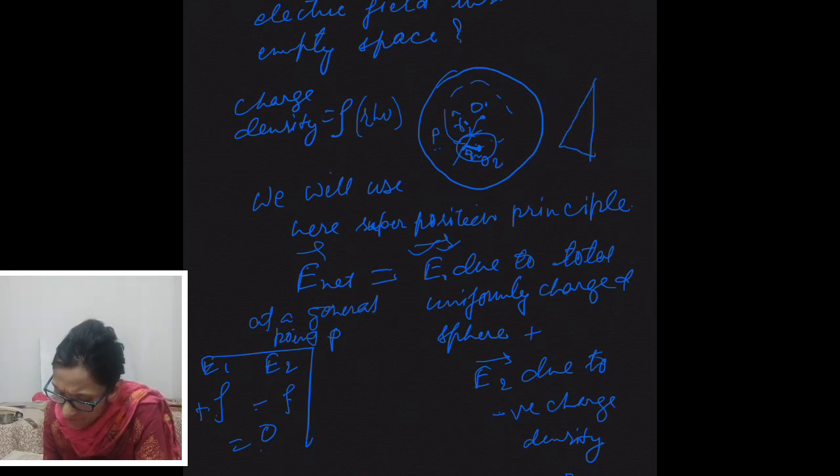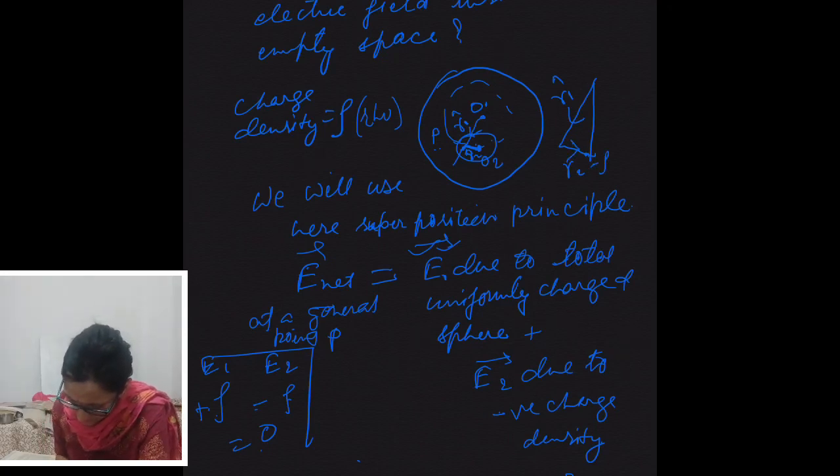Suppose the directed distance of point P is R2 cap. If we magnify this diagram, here it is R1 and here is R2. Since the assumed charge density is now negative, minus rho, the direction will be towards this direction.